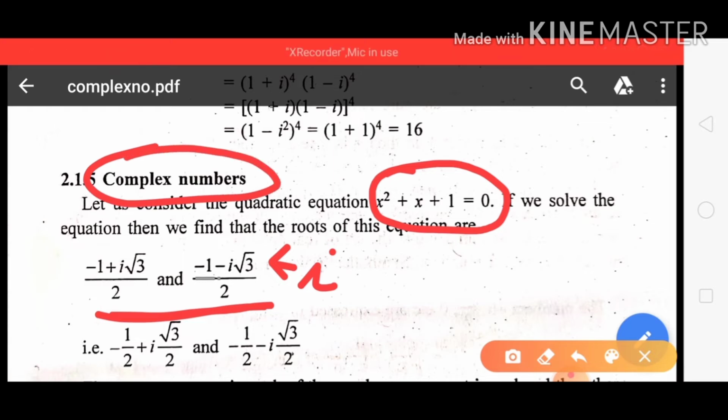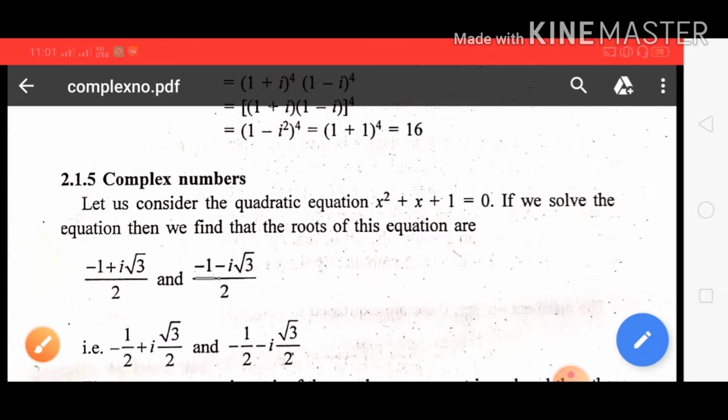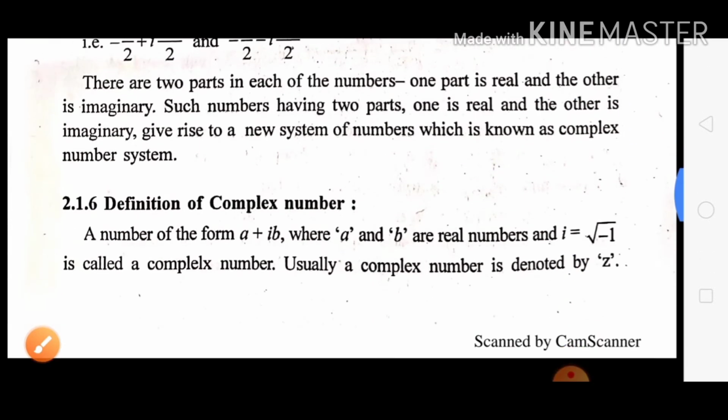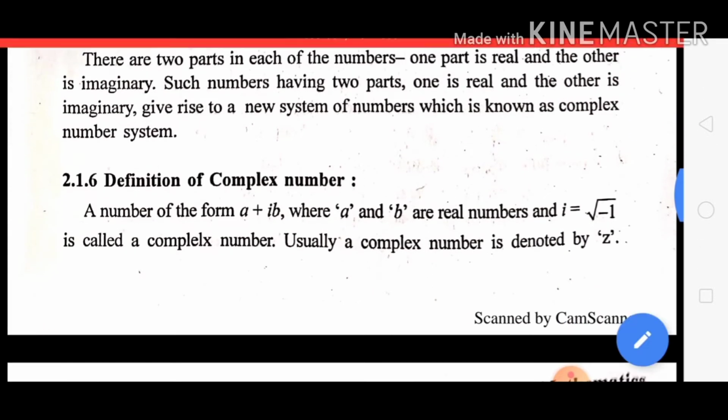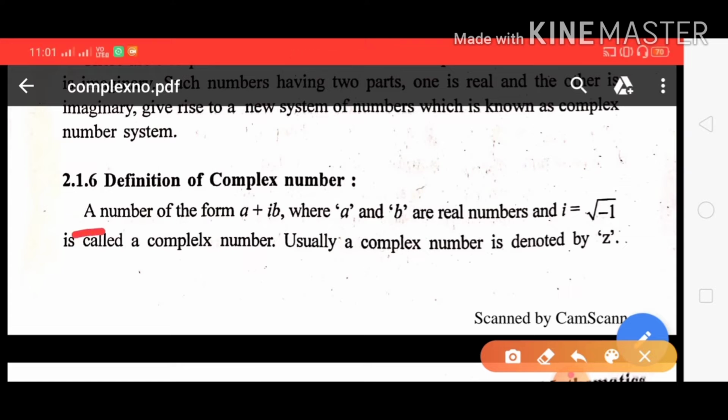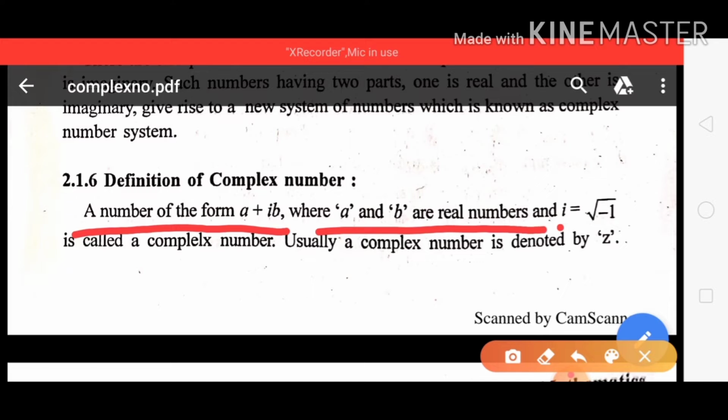So here goes the definition of a complex number. You have to know the definition. A number of the form a plus ib, where a and b are real numbers and i equal to root over of minus 1, is called a complex number. This spelling is wrong, this is the correct one.